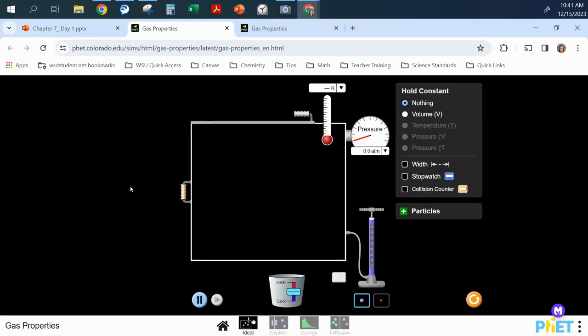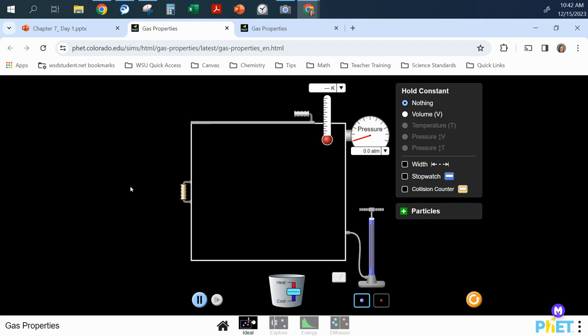Okay, and then we're going to use the definitions here. So pressure, we talked about pressure is the number of collisions. So if we have more collisions, we're going to have greater pressure.